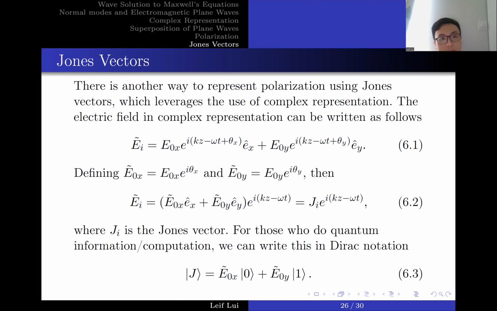But I want to talk about something more enlightening, and this concept was inspired by a video that I watched some time ago by Chris, where he showed that the Jones vectors are essentially spinors, and he showed the connection between these two properties, and I think it's quite mathematically nice.